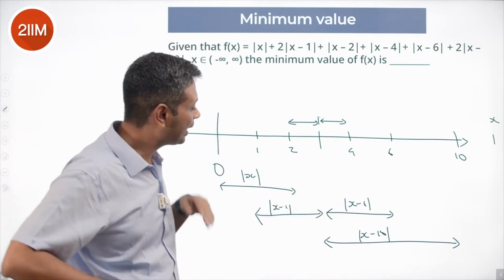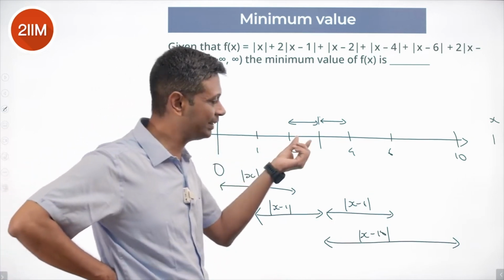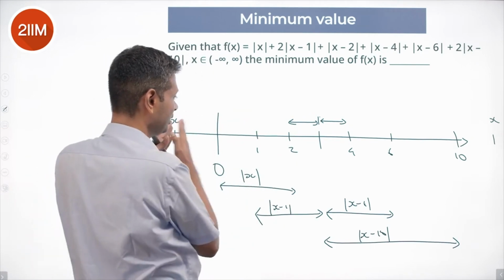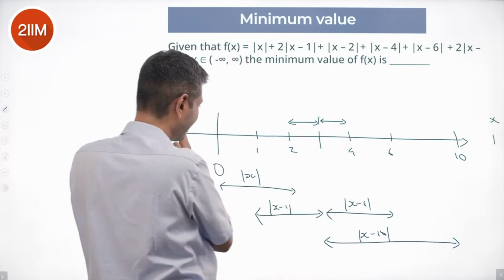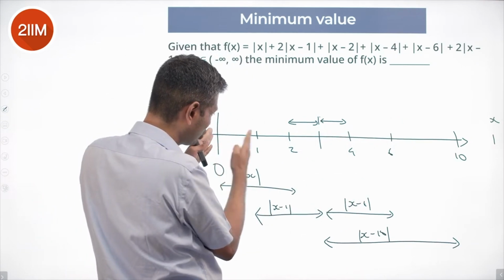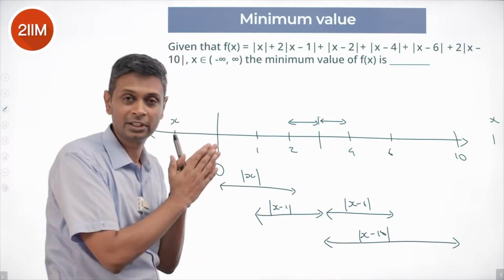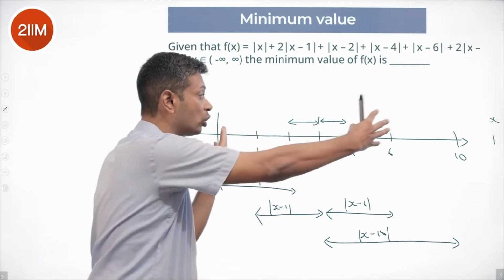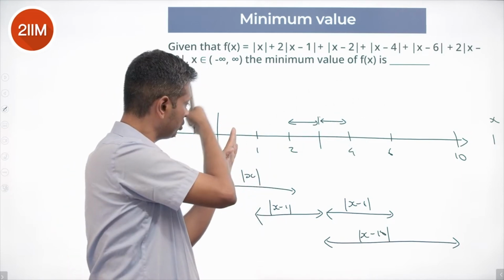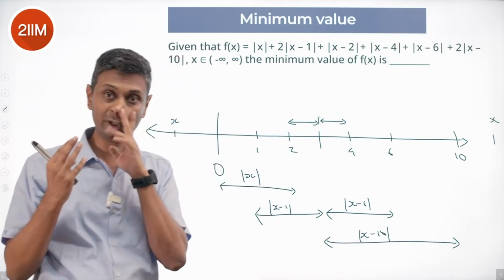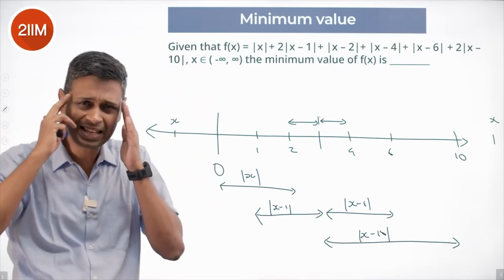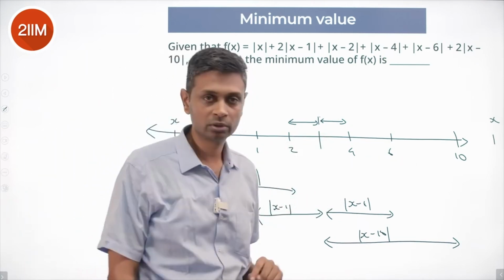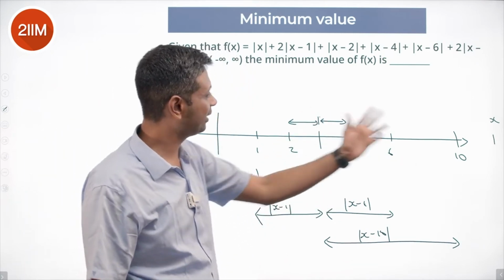I can sense that if x is more to the center, then I can split these terms. So if I put x's here, then each of these keeps adding up. Go x inside, then x to 1 and x to 0 gets shortened. If I put x at 0, then each of these distances gets added. If I put x here, all of these lengths become shortened. x to 0 also will be non-zero, but it's going to get offset. I can sense that x is somewhere in between. If not in between 2 and 4, it is in between 1 and 10.